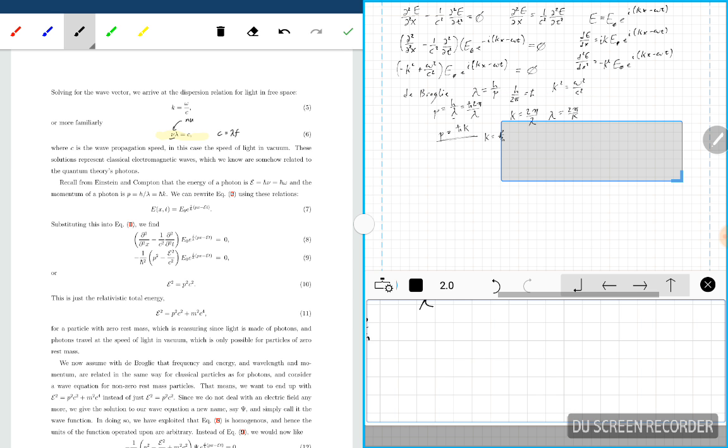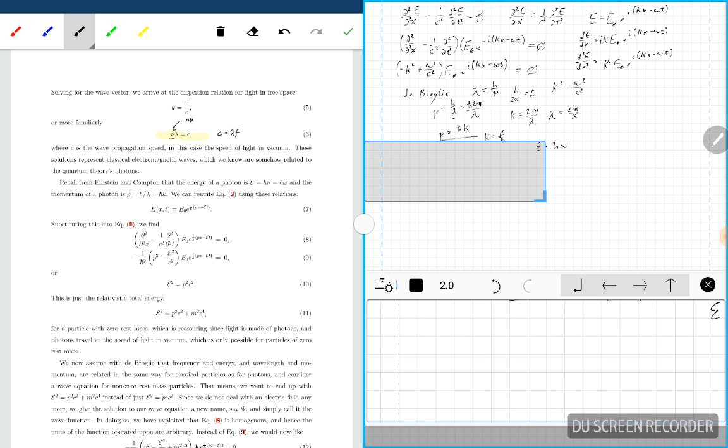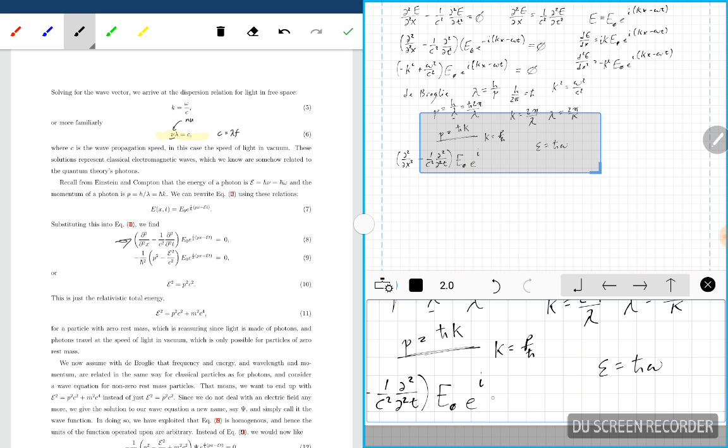Okay, we're also going to be using the energy of a photon, said before, which is h bar omega. It's the only way I can ever keep those guys straight. So now in our equation we have d/dx squared minus 1 over c squared. We're going to be looking at this line. And now, instead of writing e to the i k x, I'm going to use this instead of k.